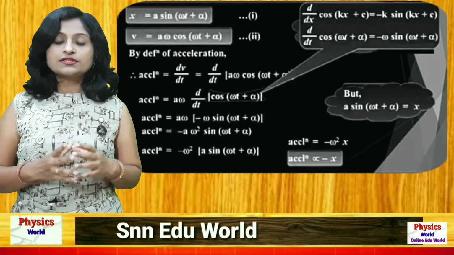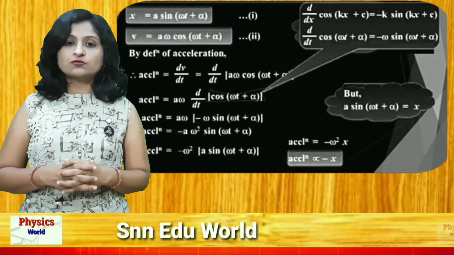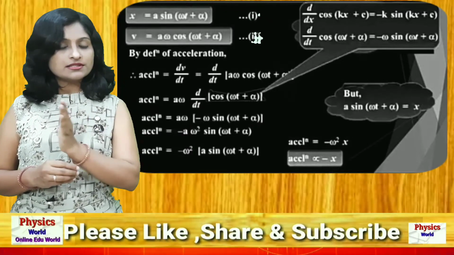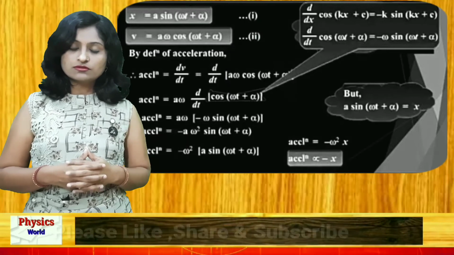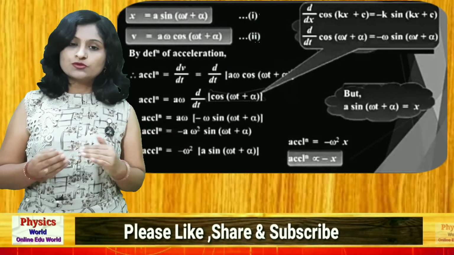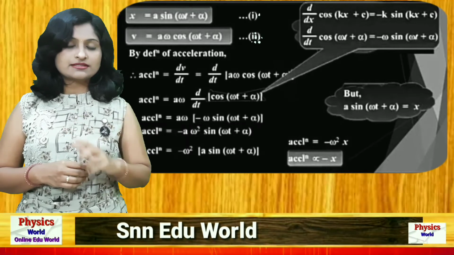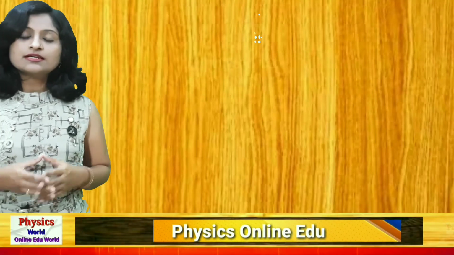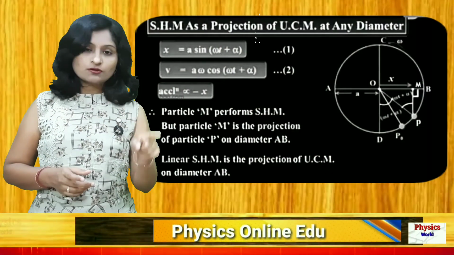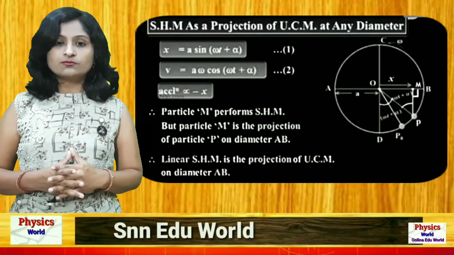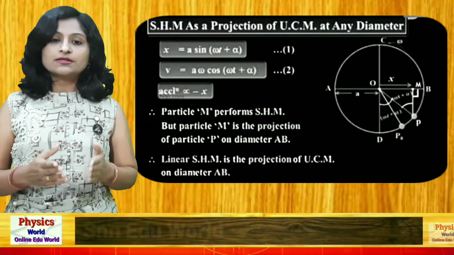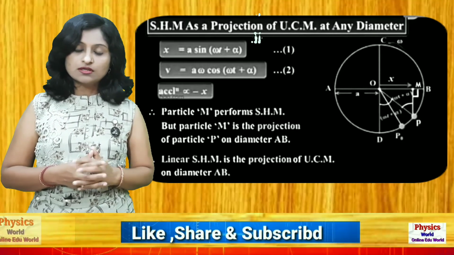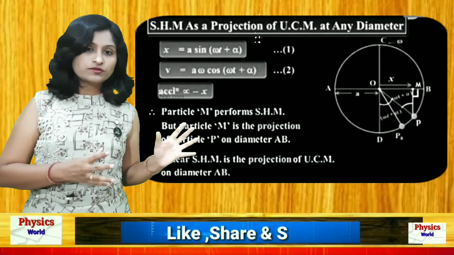And this is the definition or the concept of simple harmonic motion: the acceleration or the force acting on the particle is always directly proportional to the displacement and opposite to the displacement, hence the minus sign with x. So this concept shows us that when a particle moves along a circular path performing uniform circular motion, it is nothing but the particle performing simple harmonic motion. So this is the condition we have proved here.